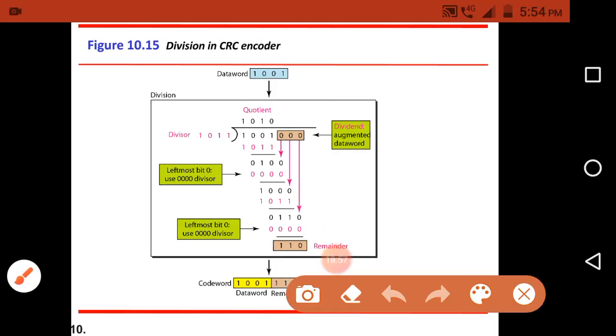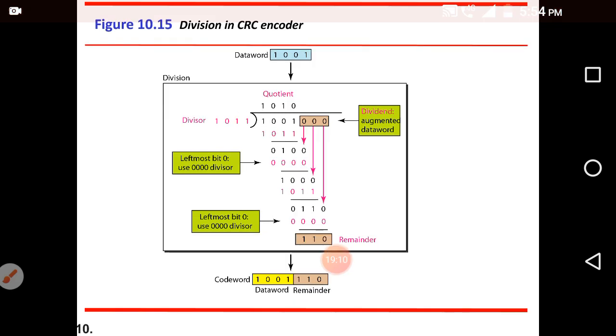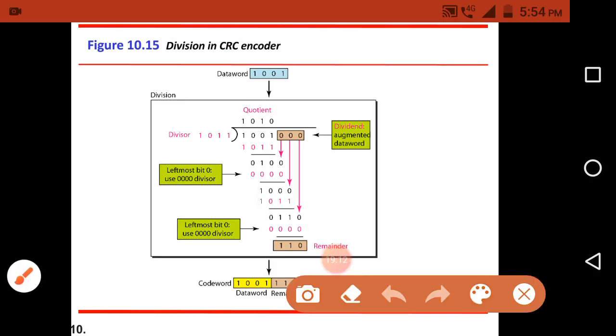Again we need to perform the XOR operation. Again we will get 3 bits, that is 100. So again we need to pull down one of the bits from the dividend, and that will create the 4-bit remainder.